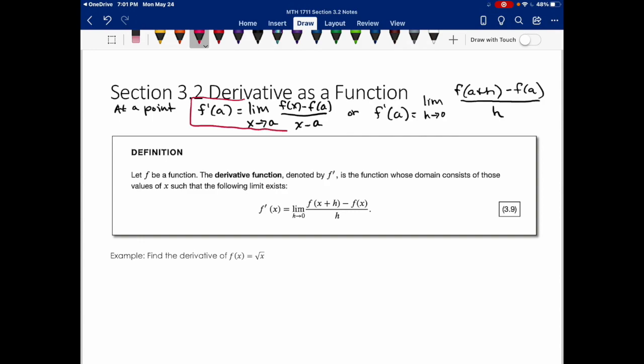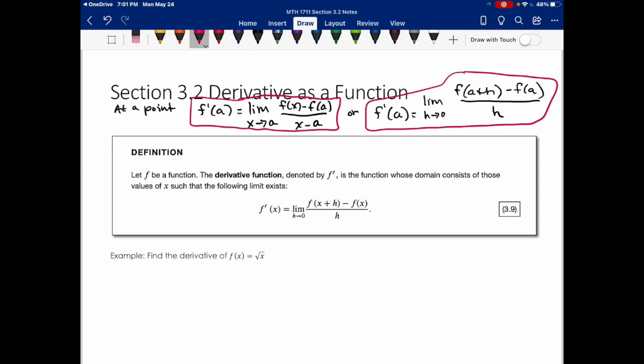And those were the two equations. The one that I like to use is this one because it's a little bit easier. For me it is. I mean, that's a difference of opinion from person to person. But you could also use this one for finding the derivative at a specific point. But now we're going to talk about it as a function.